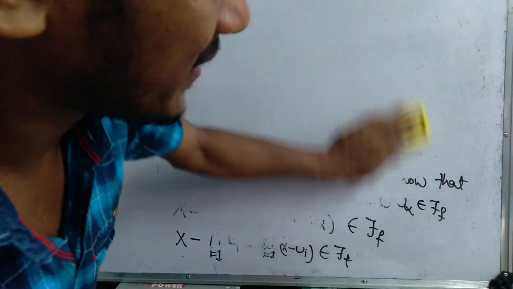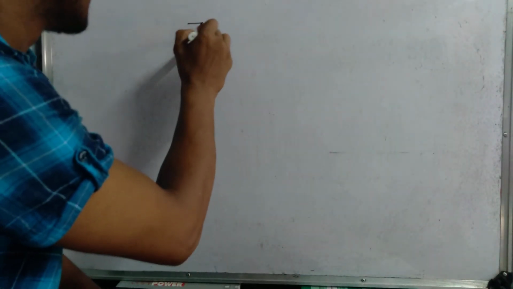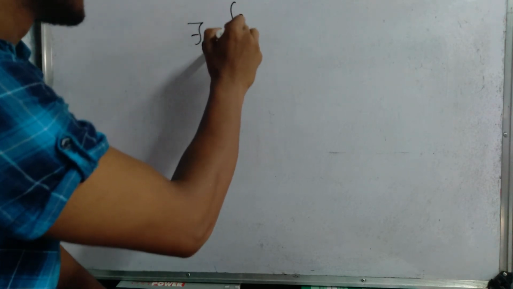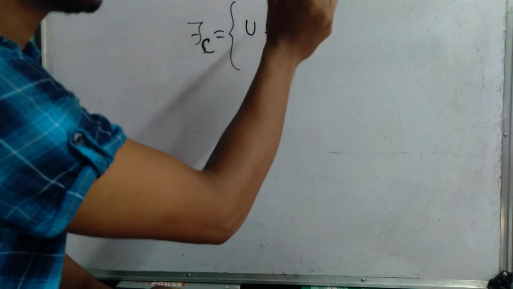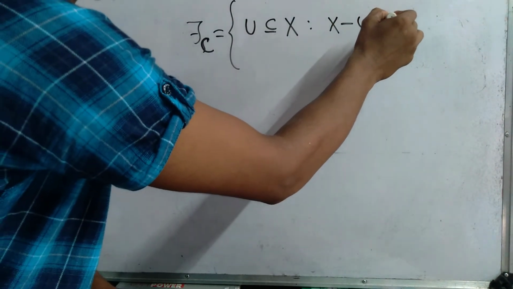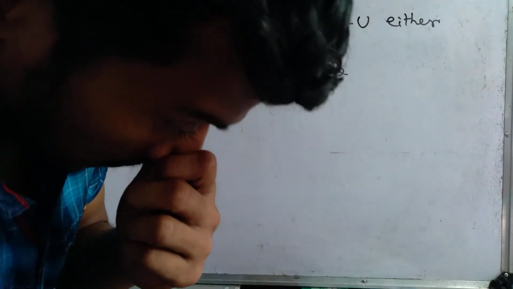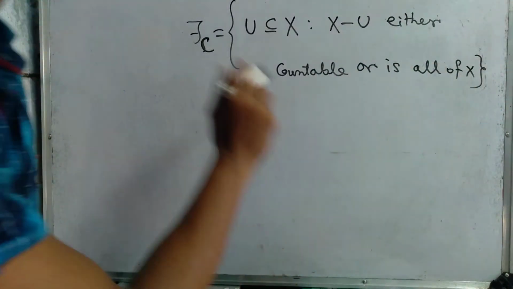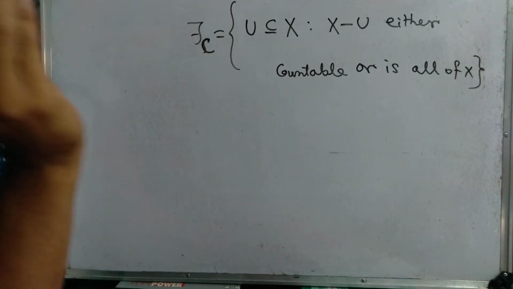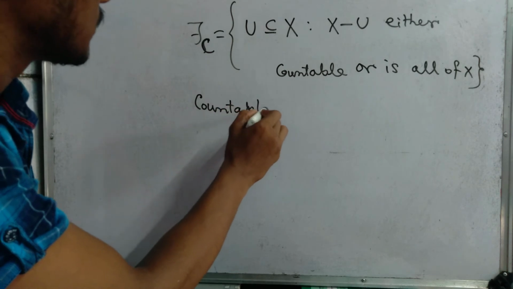The countable complement topology is defined in the same manner, denoted by tau c, where all U subsets of X are such that X difference U is either countable or is all of X. This also satisfies the three properties of a topology in the same manner.